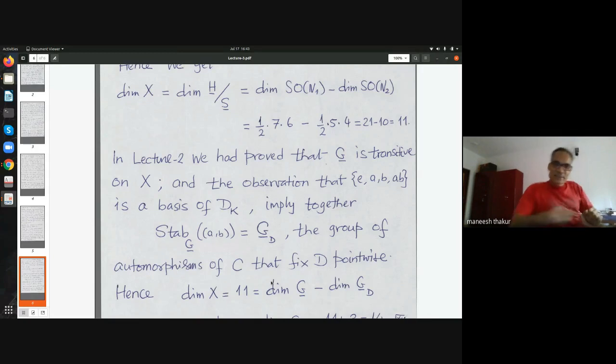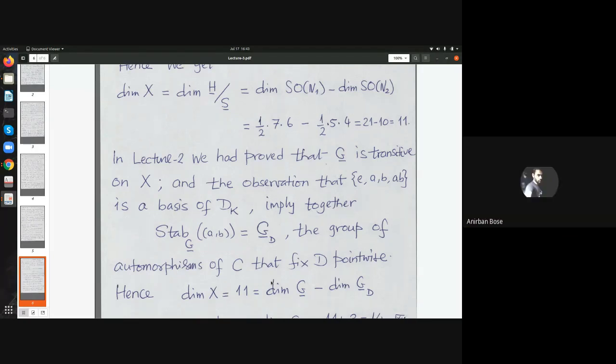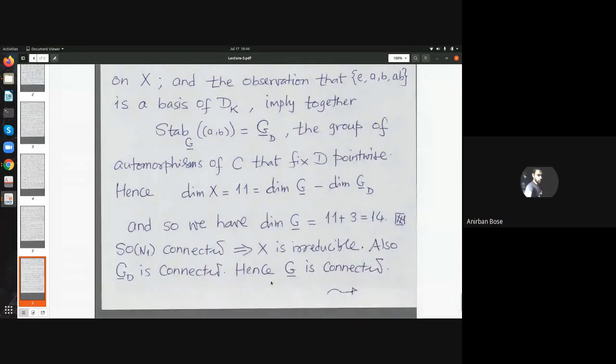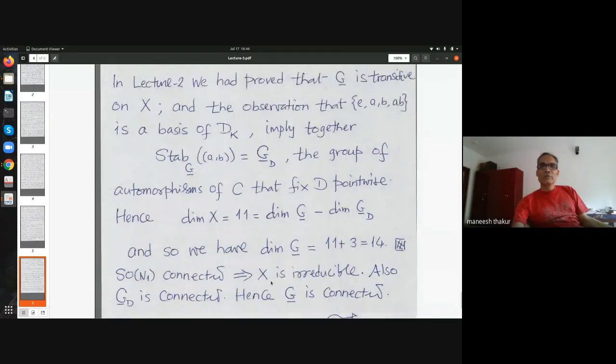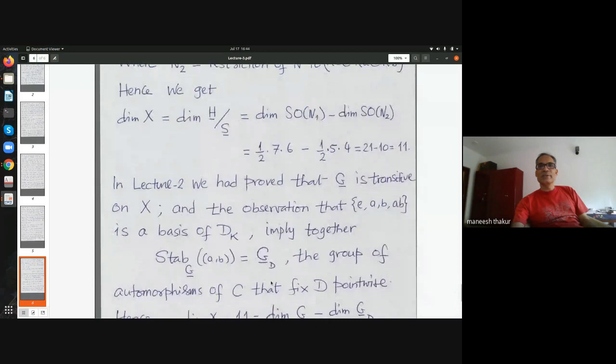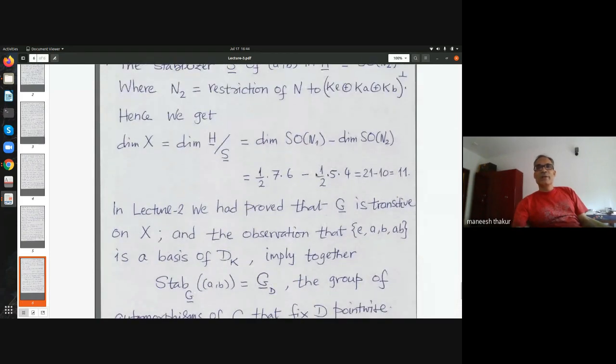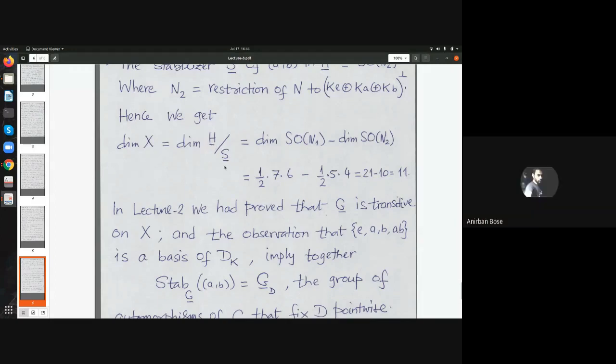Just a small question, this last part about the connectedness of G. Can you please say something about it? How to conclude it? Is it immediate? Yes, it is immediate because we computed that X has been identified with S bar mod S bar.